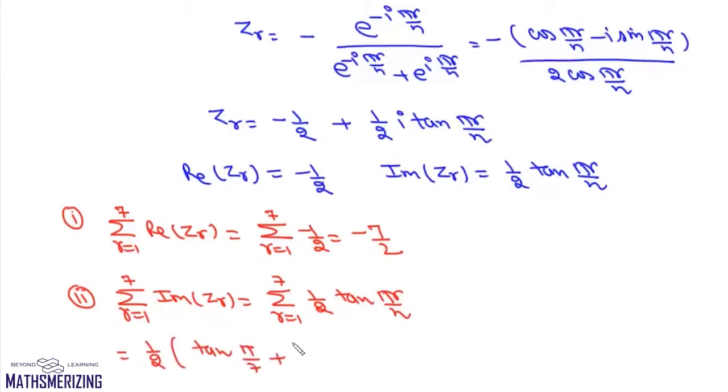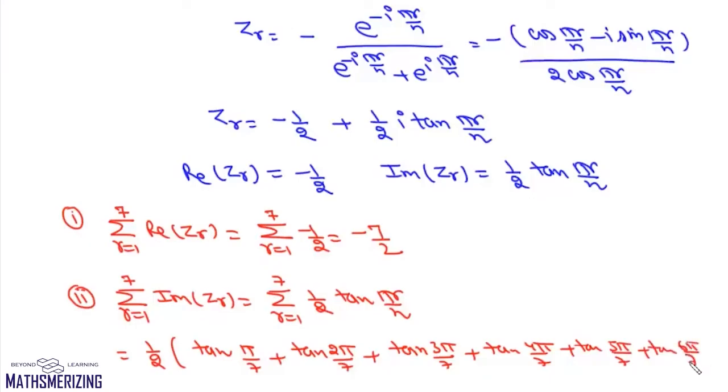Now we can write this as 1 by 2 [tan pi by 7 plus tan 2 pi by 7 plus tan 3 pi by 7 plus tan 4 pi by 7 plus tan 5 pi by 7 plus tan 6 pi by 7 plus tan 7 pi by 7].